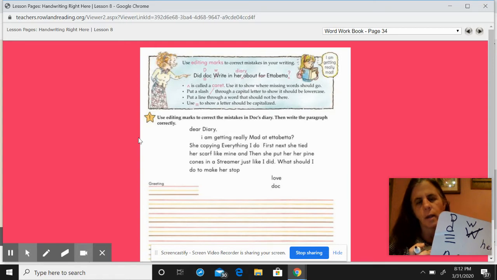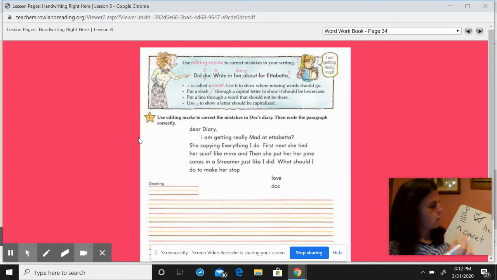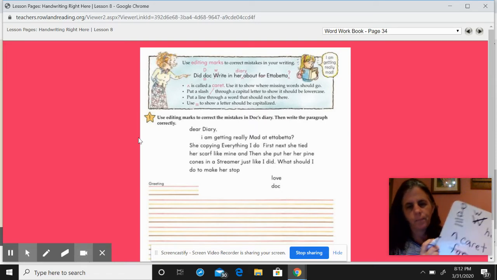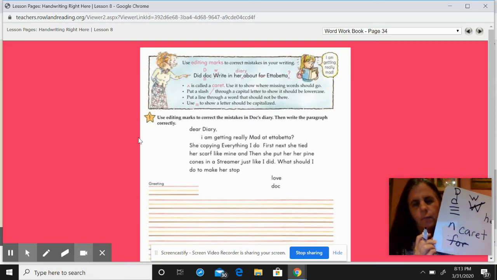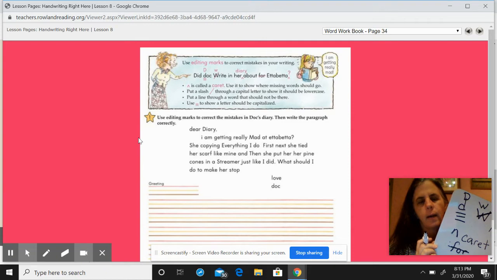So did Doc write in her diary about 4? Well, about 4 makes no sense. So 4 here gets crossed out. Okay, so we cross out the word 4 just by putting a line through it. And then it says 4 at a better.